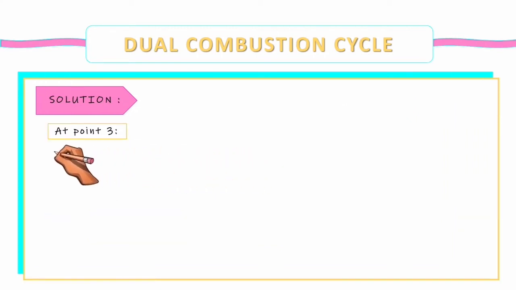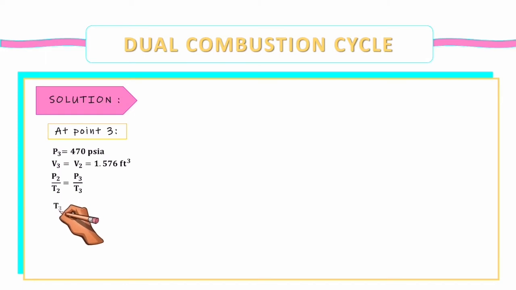At point 3, we have a given value of pressure, which is 470 psi absolute. Since process 2 to 3 is an isometric heat addition process, the volume at point 3 is equal to the volume at point 2, which equals 1.576 cubic feet. Solving for the temperature at point 3, we can use the formula P2 over T2 equals P3 over T3.